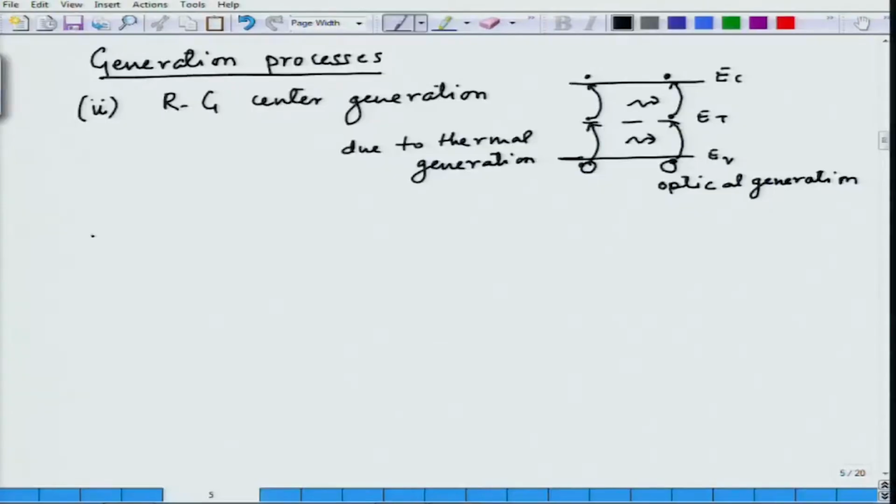The next recombination process that we had was through the shallow centers. Now, if we think of generation through the shallow centers, it is nothing but the same as creating an N or P type material. So, there is no specific generation process through the shallow centers. It is basically contributing to changing the electrical conductivity of the material.